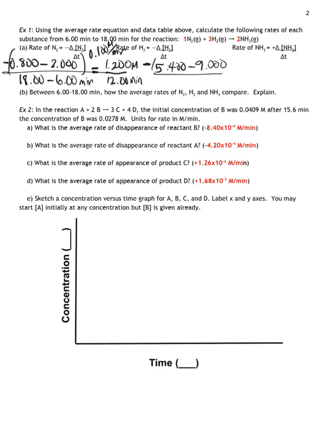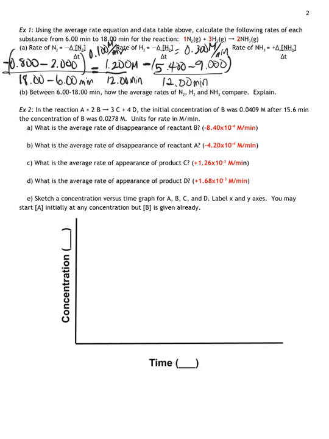Then I'm going to take the difference in time. I've already done that calculation, so I'm just going to say 12 minutes. When I divide those two, I get an answer of 0.300 molarity per minute.